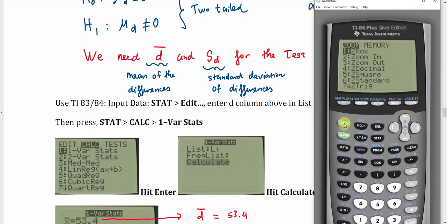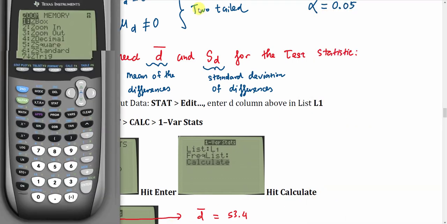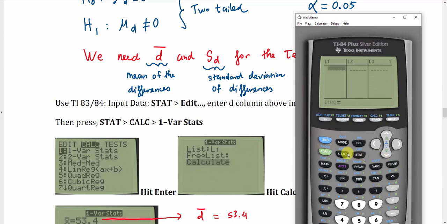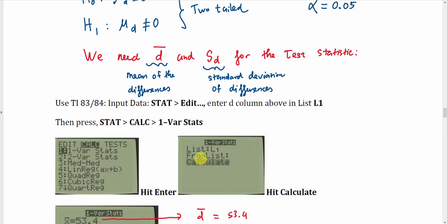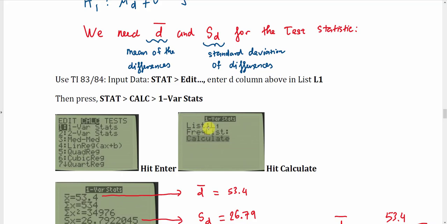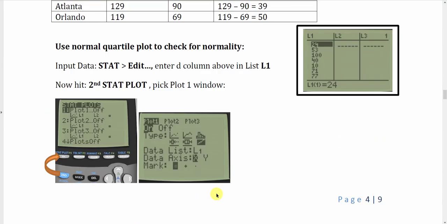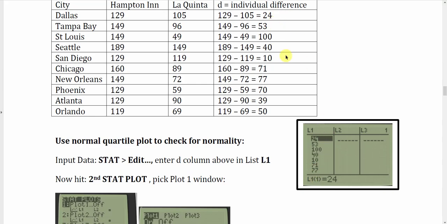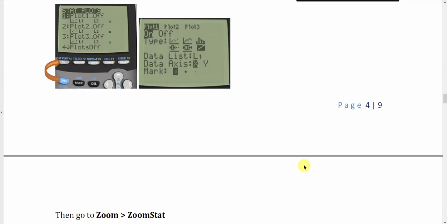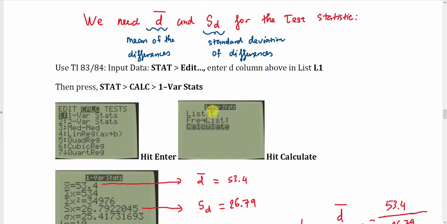So quit, Stat, move to Calc, and choose 1-Var Stats. Then you just have to enter List 1. Make sure List 1 is the data you stored for D, so make sure you use the correct L1, and then hit Calculate and enter.